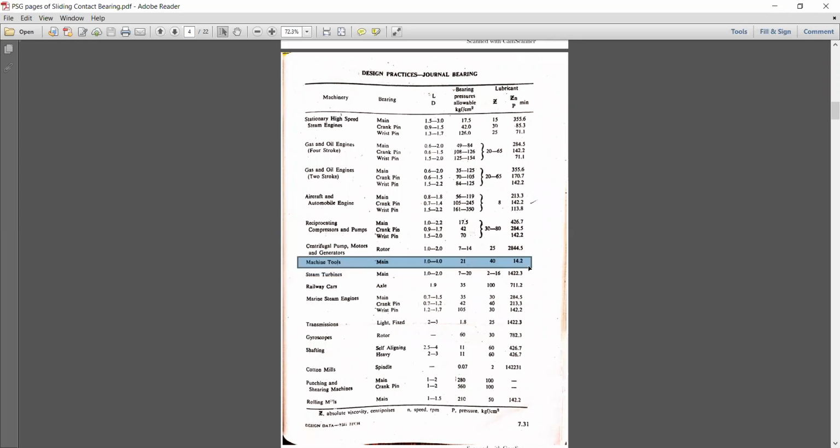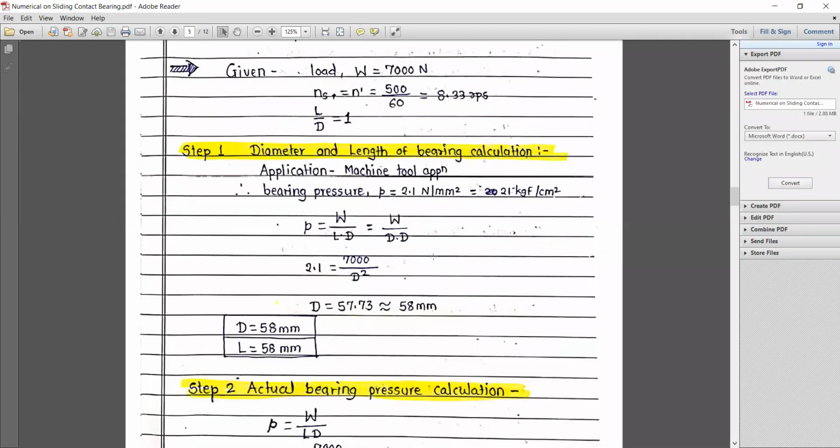Here the bearing pressure is given, that is 21 kg per cm square for a particular machine tool application. We have converted it into Newton per mm square, so we get a direct value. Bearing pressure is equal to 2.1 Newton per mm square.